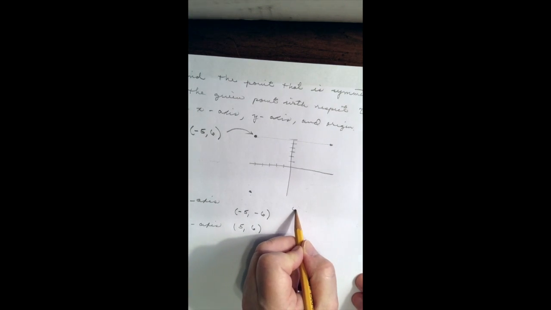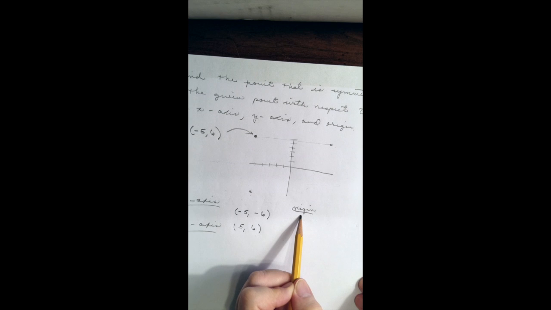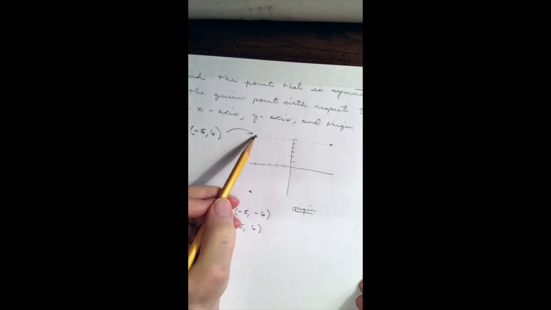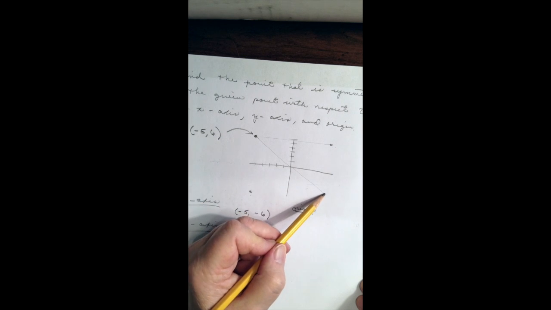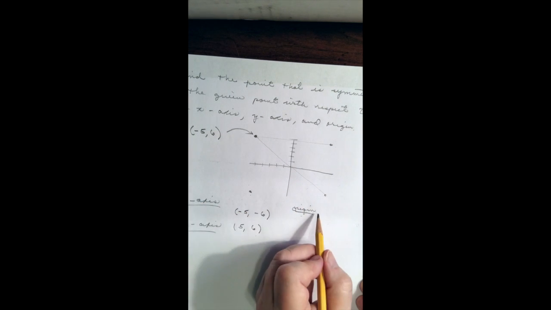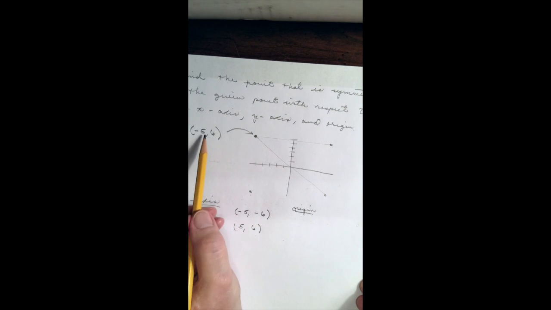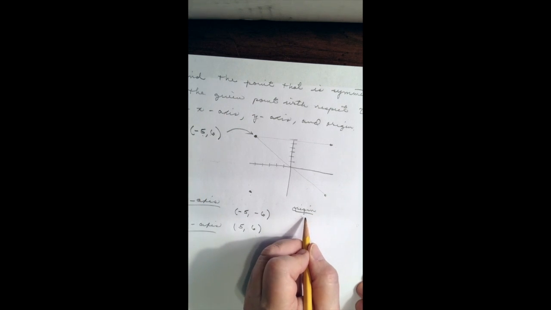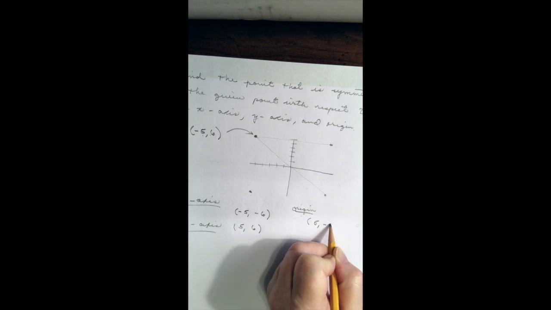And then if we want the point that's symmetric to our original point with the origin, we go through the origin, equidistant on the other side of the origin, and we would have the same numerical values but opposite signs, and so we would have the point 5 and -6.